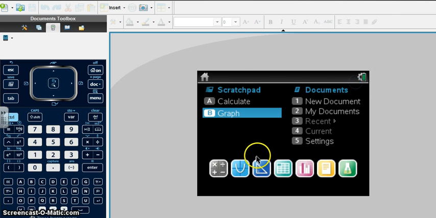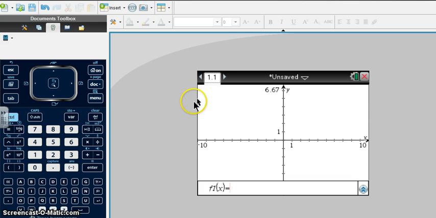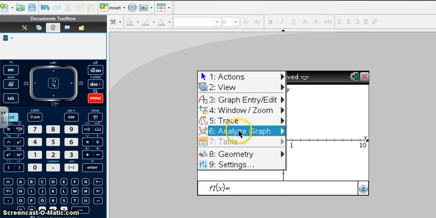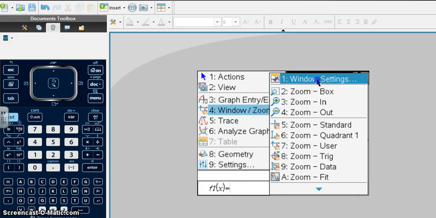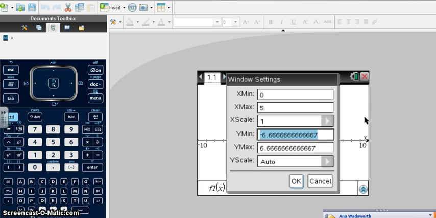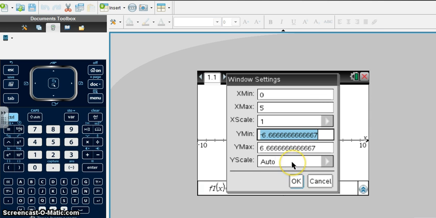Let's get a new graph, and I would set the range and the domain to that we have given in the questions. So window zoom, window settings, and I'll change the x values from 0 to 5, a scale of 1 as it is on the question, and y values from -5 to 7, a scale of 1.